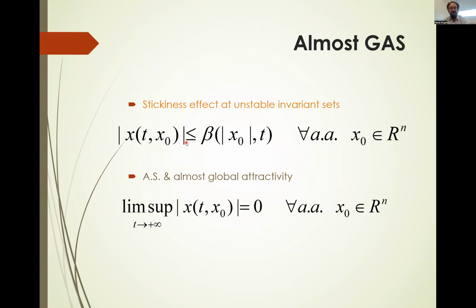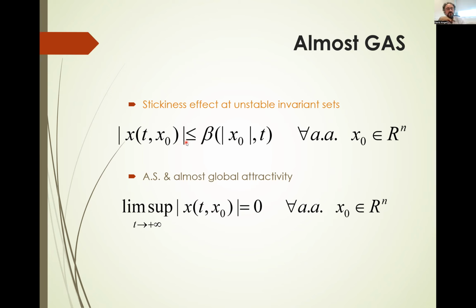So maybe I can very briefly recall the wrong direction that I took at some point. The alternative approach was to look for almost global asymptotic stability and then almost ISS. So how does one define almost global asymptotic stability?